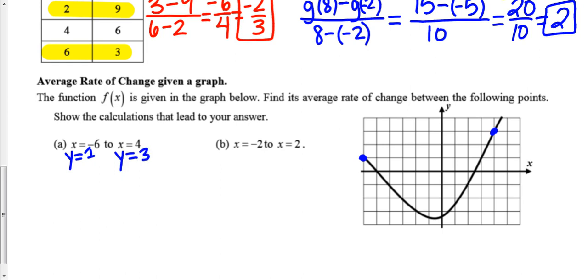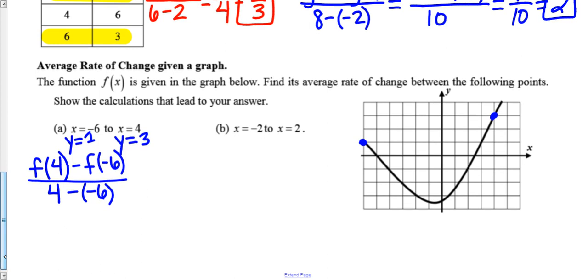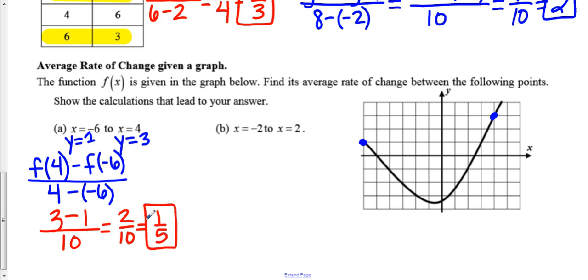So let's start with the formula: f of 4 minus f of negative 6 over 4 minus negative 6. Now my substitutions: f of 4 is 3 minus f of negative 6, which is 1, over 4 minus negative 6, which is 10. 3 minus 1 is 2, so now I have 2/10. I can simplify that to 1/5, again as a fraction.